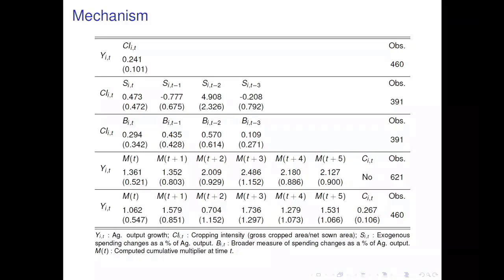Once that is done, what we want to next see is what is the effect of the shock series on cropping intensity. And what we find is that in the first year, there's not much happening. But in the second year, a shock causes a 5% increase in cropping intensity by the end of 2 years.